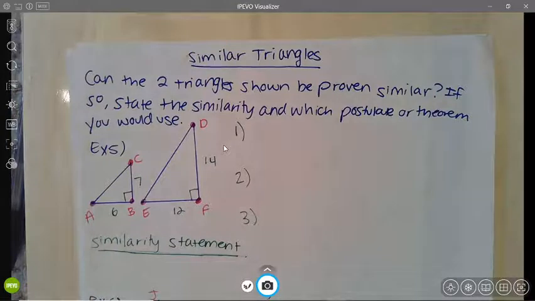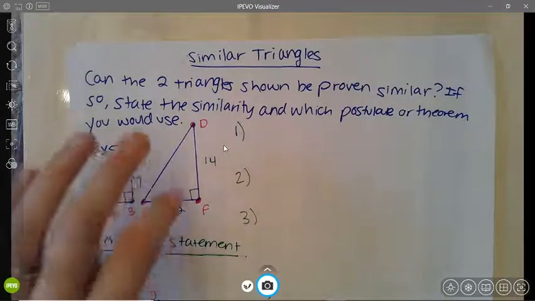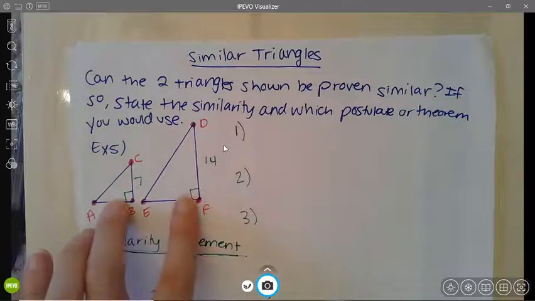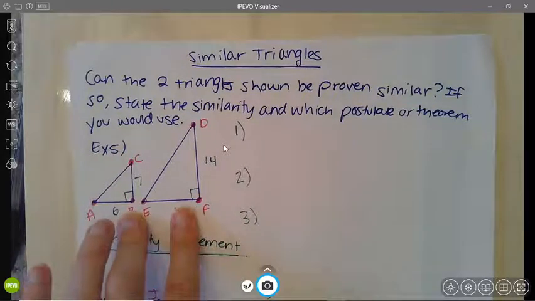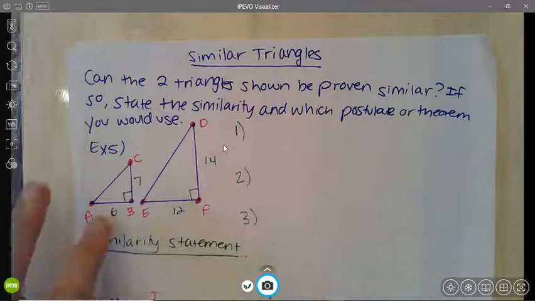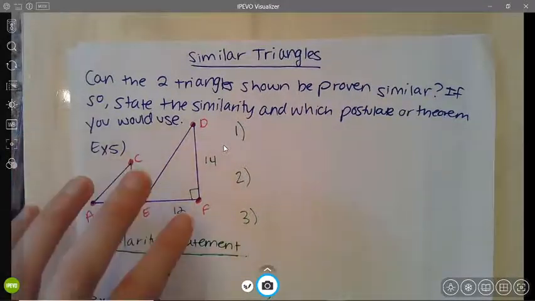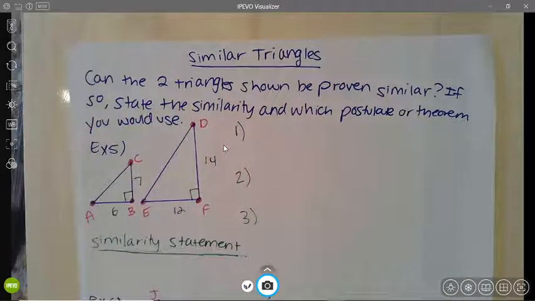So that's what we're looking for. If I look at my picture, I'm given 2 side lengths, and I'm given that these 2 angles are right. So it's looking like side, angle, side. I have a hunch that they might be similar by SAS, but we have to see.